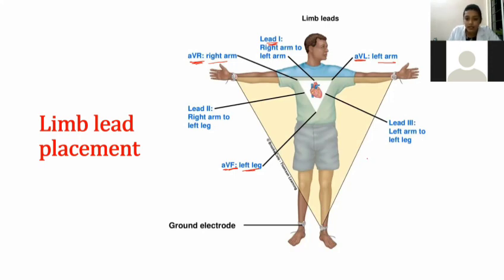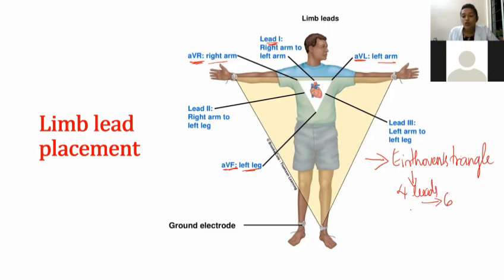So what is this triangle known as? This is known as Einthoven's triangle, which explains how four leads change to six. This Einthoven's triangle explains how these 4 frontal leads become 6 leads.